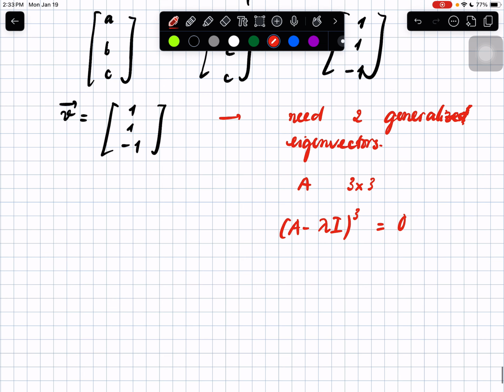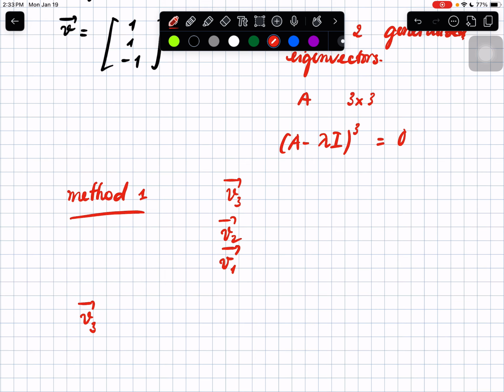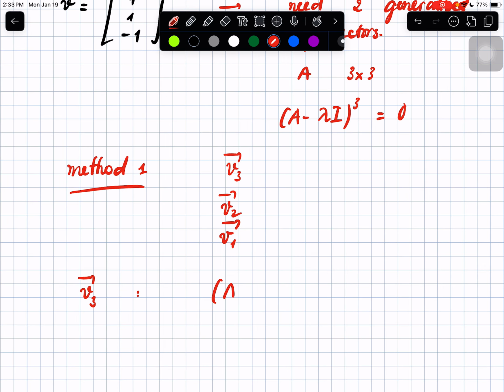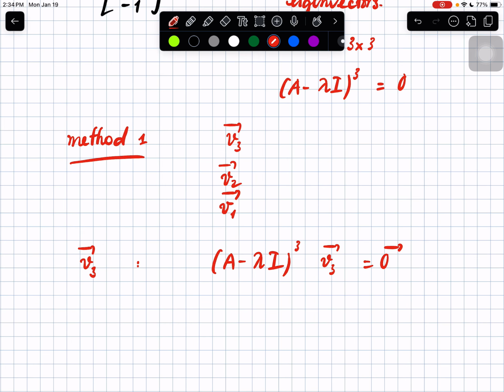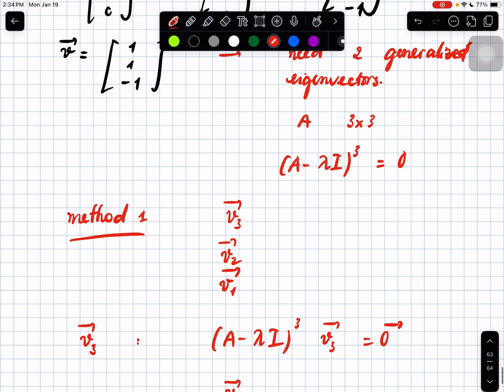Therefore, we will start with method 1: try to find the generalized eigenvectors v3, v2, and then rebuild the actual one, v1. Eigenvector v3 satisfies (A minus lambda I) cubed v3 equals 0. Since (A minus lambda I) cubed is 0, v3 can be chosen to be any vector. We need to make sure that v3 is independent from the actual vector v.